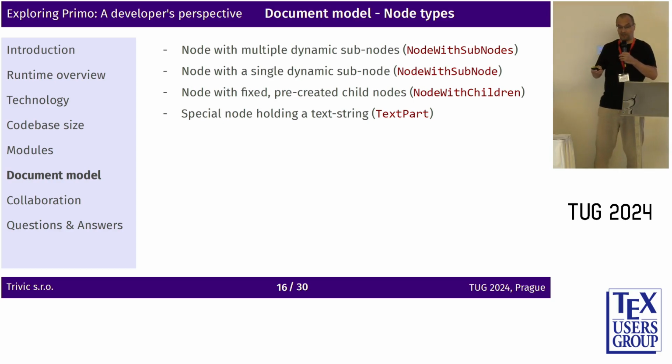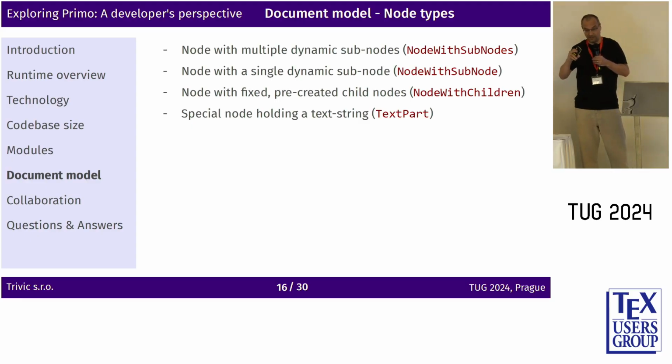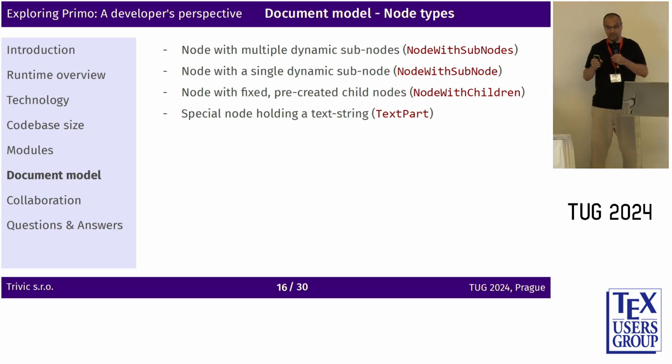This is used to represent nodes in the DTD which are repetitive. For example, in DTD you can have something like para and then this asterisk mark which signifies the repetition. So such nodes are represented as node with subnodes. Then we have a node with subnode, which is a node that can have 1 or 0 subnodes. This is used for representing optional nodes.